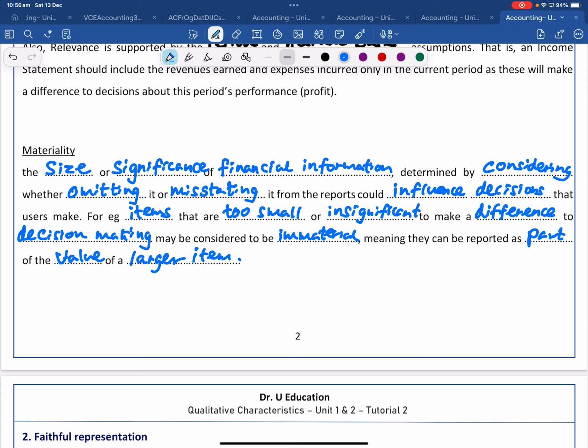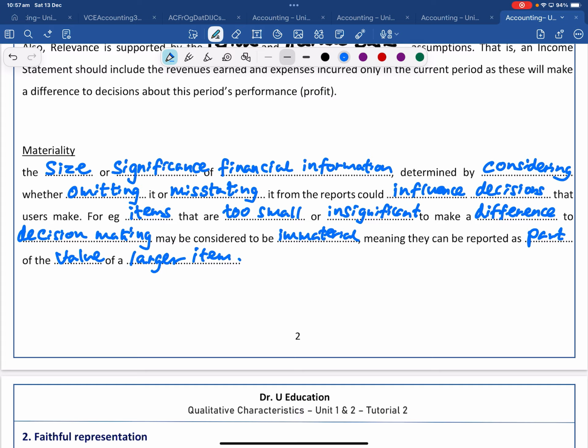Right. Now this is the thing, guys. Now see the definition. Size or significance. That means the size of the financial information will be determined based on whether it was misstated or omitted. What do you mean by omitted? Omitting, everybody knows what omitting is. Yes, missing out.